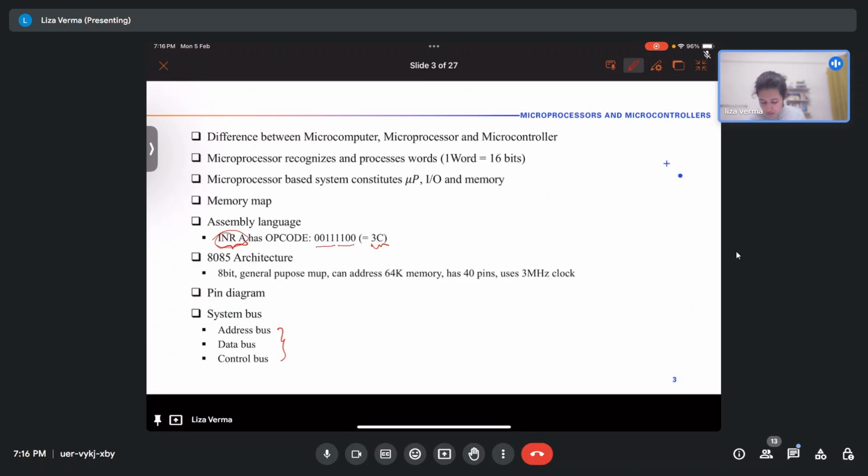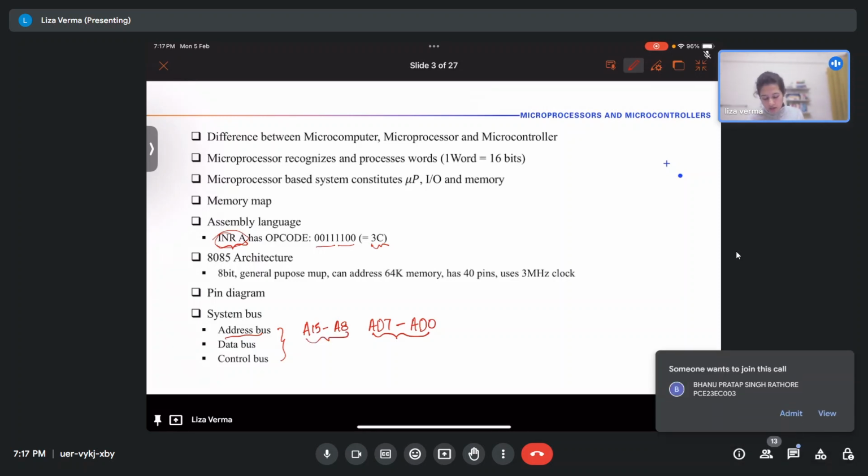The address bus is represented by A15 to A8 and AD7 to AD0. The lower order address is transported by the AD0 to AD7 lines, and the higher order is transported by A15 to A8.